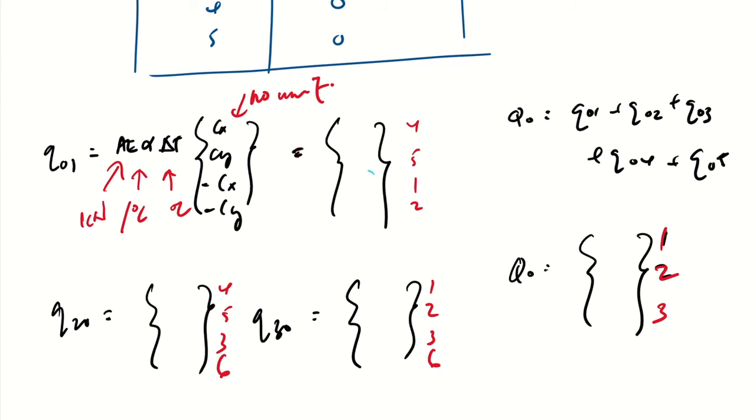This is value number 1, this is value number 2, and for number 3, this is 3 here. So all together we add them, and then we will get Q naught.